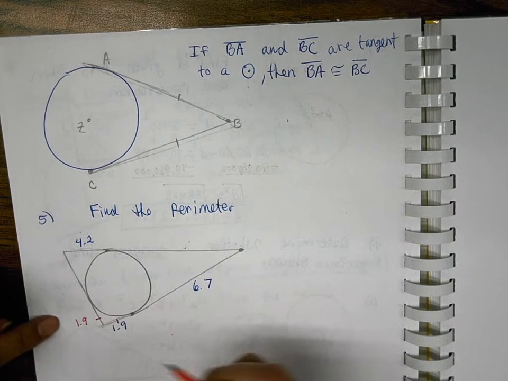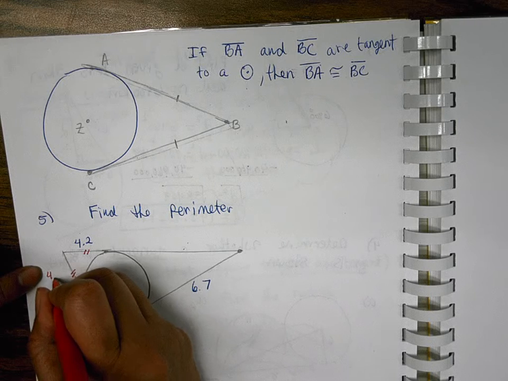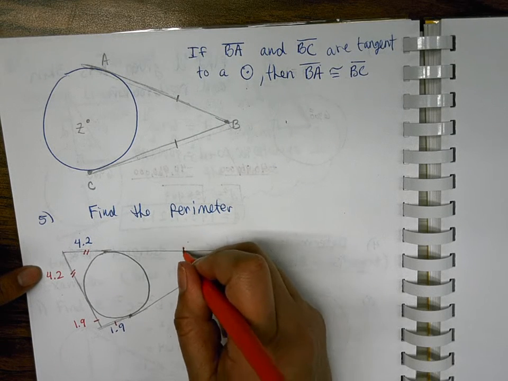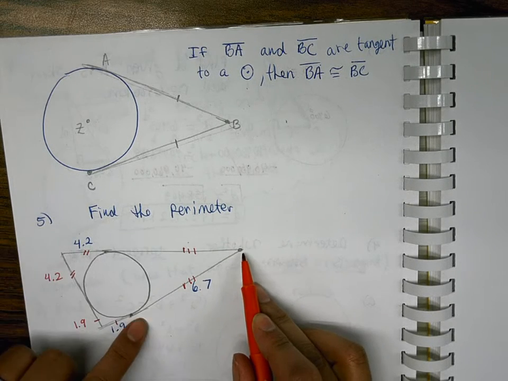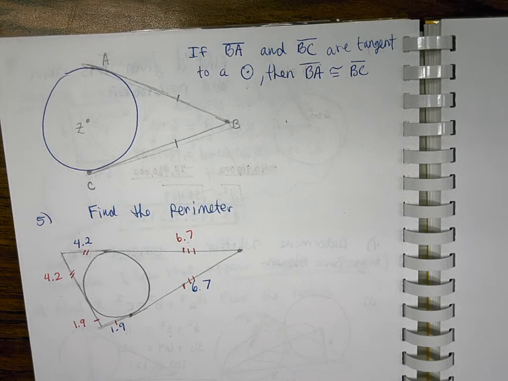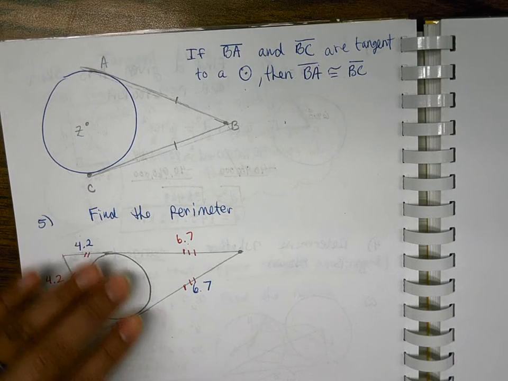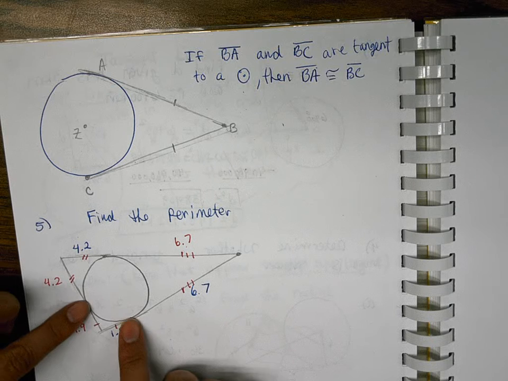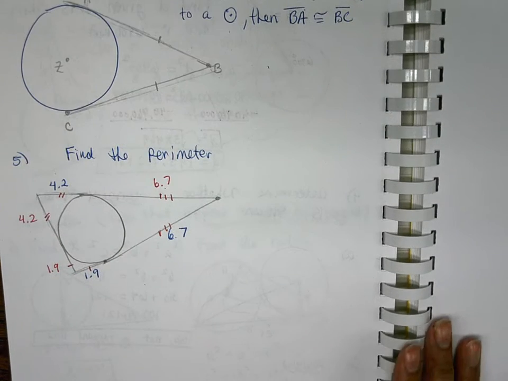So congruent 1.9, congruent 4.2, and what would this long segment be equal to? 6.7. These lines are equal. Think of it as a snow cone. These pieces of your cone are congruent.